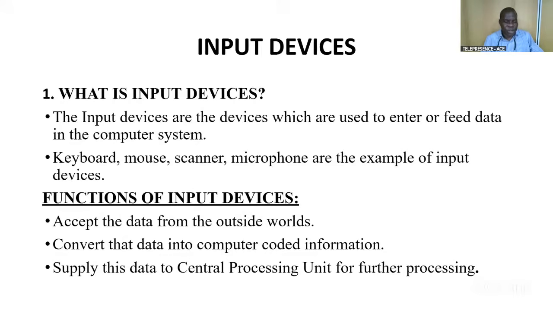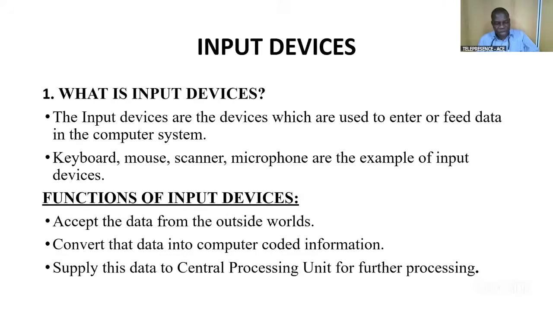What is the function of an input device? Well, an input device accepts data from the outside world. That is, if you want to key in some information, that data is with you.